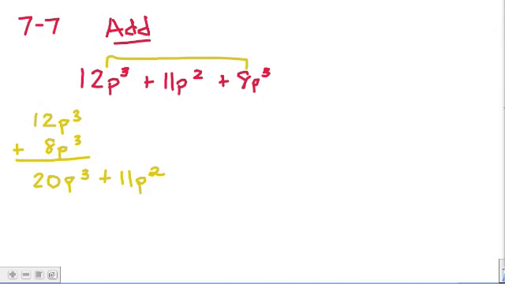Okay, so let's try another one. We have 5x squared minus 6 minus 3x plus 8. All right, let's combine the ones that are the same. Okay, well, I don't have another x squared, which means this guy automatically just falls down.